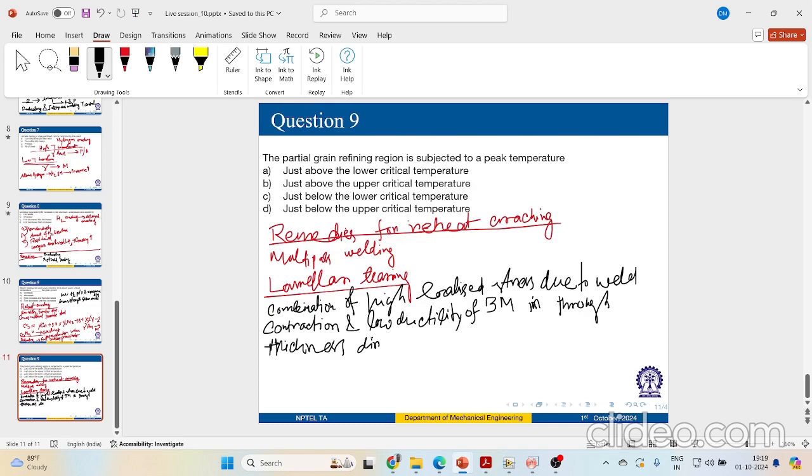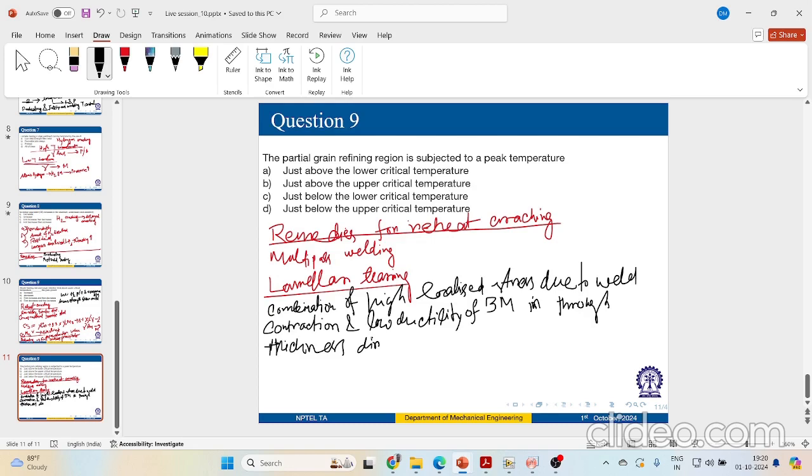So as I was saying, if you have elongated stringers of non-metallic inclusions parallel to the rolling direction, tearing may be triggered by decohesion of such non-metallic inclusions. Usually those non-metallic inclusions are silicates or sulfides, right?